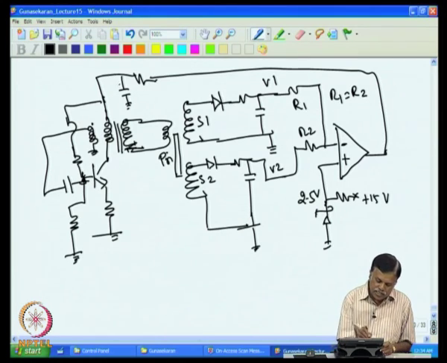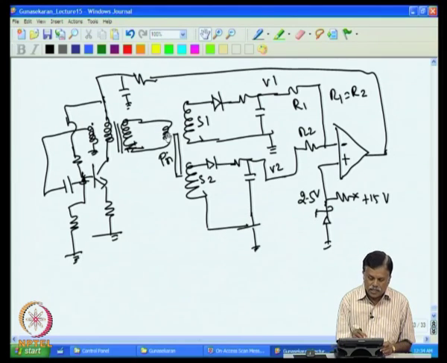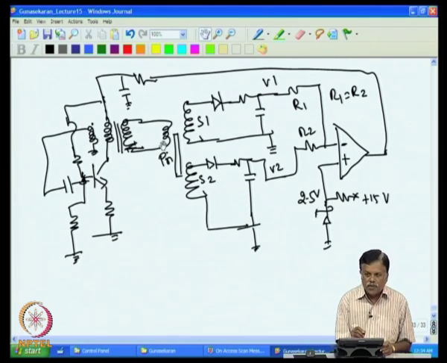The output decreases, then we know that the voltage at this point will decrease, and once the voltage at this point decreases, the amplitude of the oscillation that is coming here also will decrease, and the same voltage is applied to the primary of the transformer. So, the excitation voltage of the LVDT primary also decreases.